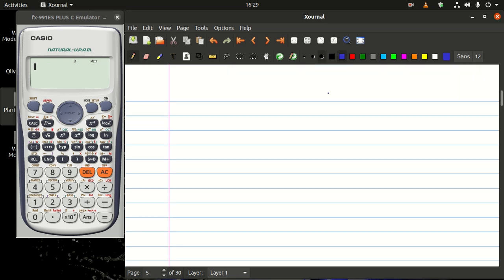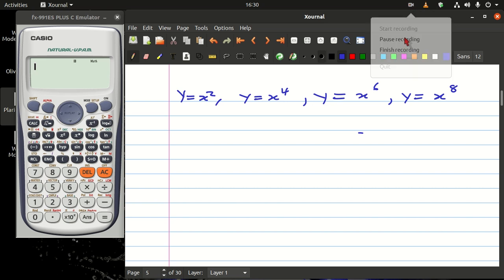Now, if we group the others, y equals x squared, y equals x to the power 4, y equals x to the power 6, and y equals x to the power 8, what are you going to get, or how is the shape going to be?